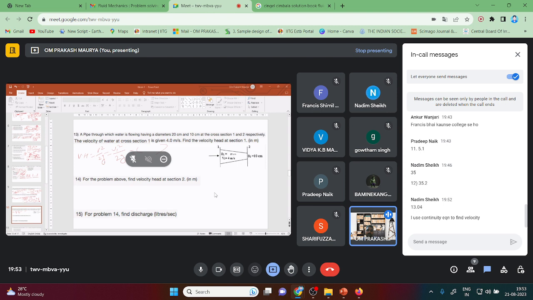Yes, you can do it, you can use the continuity equation. But for question number 13, velocity is already given.